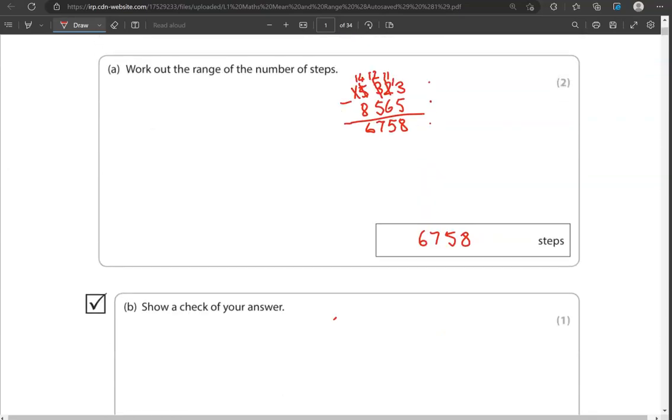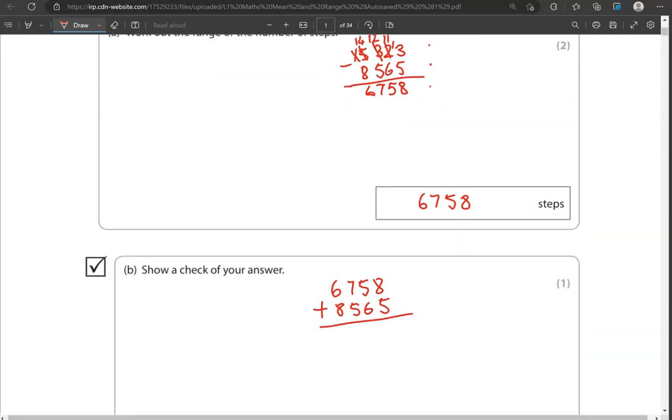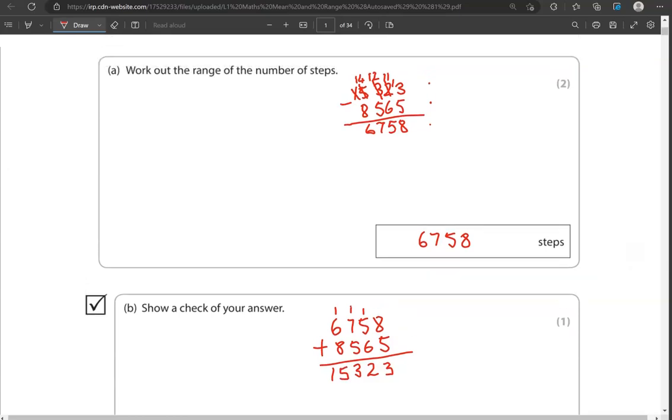So we'll do 6,758, add 8,565. 8 and 5 is 13, so 3 down, 1 carried over, 5 and 6 is 11, and the 1 makes 12, so 2 down, 1 carried over, 7 and 5 is 12, and the 1 makes 13, so 3 down, 1 carried over, 6 and 8 is 14, and the 1 makes 15. Let's check. That is 15,323.